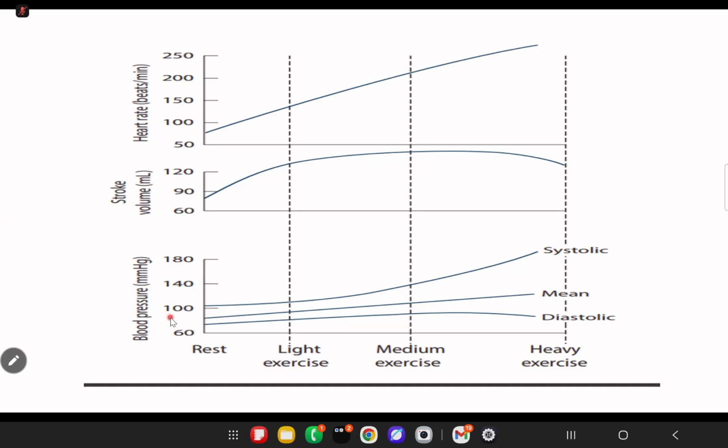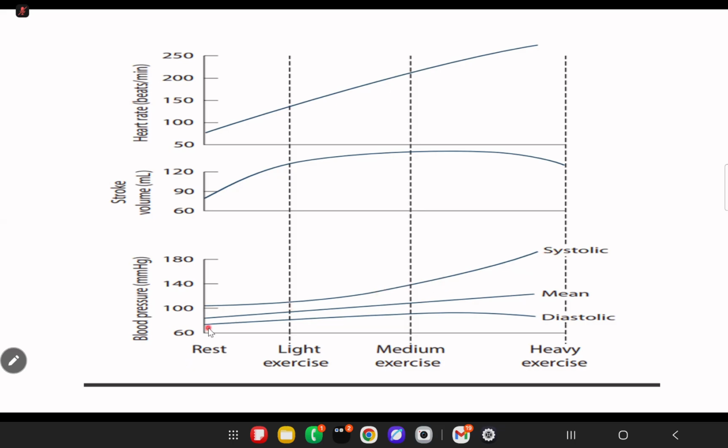And if you look at the blood pressure, your systolic blood pressure marginally increases with light exercise, increases a little bit more with medium exercise, and then further increases with heavy exercise.